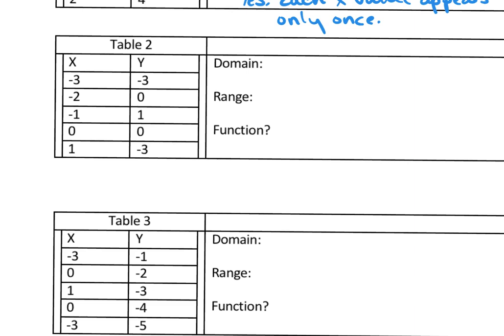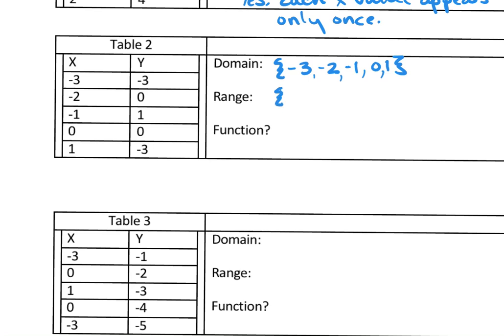Table number 2, we want to start by listing our domain. And so we list our x values. Our x values are -3, -2, -1, 0, and 1. Again, we're going to put it in squiggly brackets. For our range, we want to look at the y values.